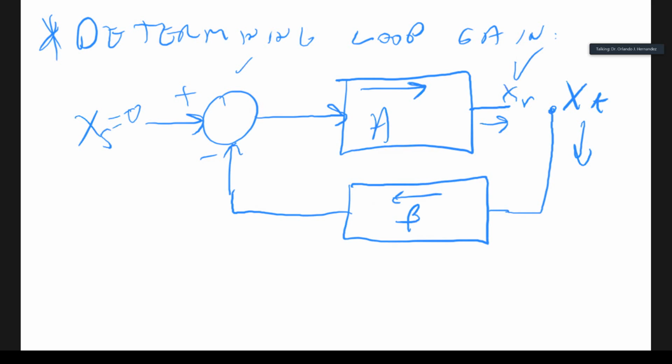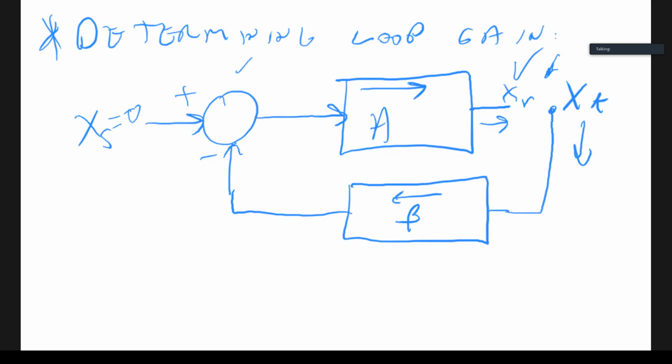One observation is we have the assumption here, to be able to break the loop in this manner, that the beta network does not load down the A network. Okay? Because if it loads it and you break the loop here, then you change the characteristic of the whole thing.